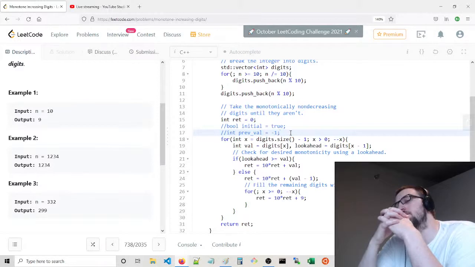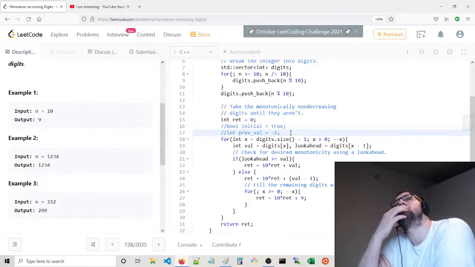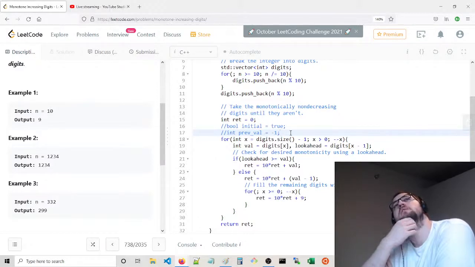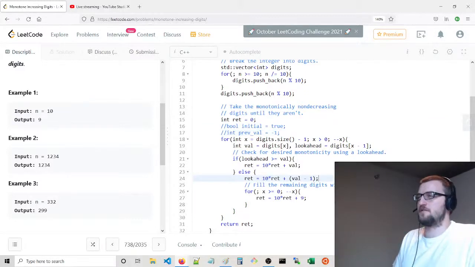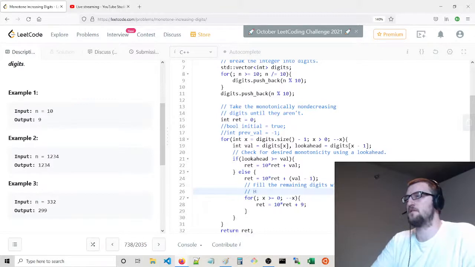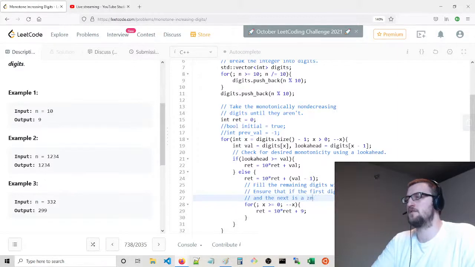So if the look ahead is a 0, we only really need one less digit if the first value, yeah. Ensure that if the first digit is 1 and the next, use one less, no result.